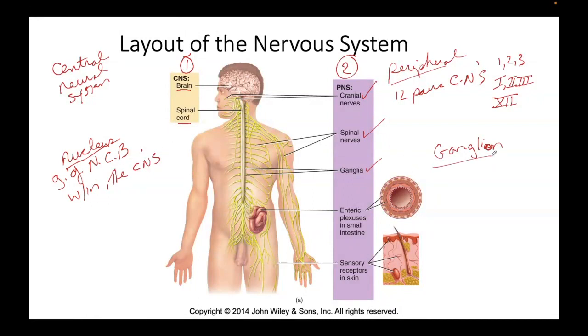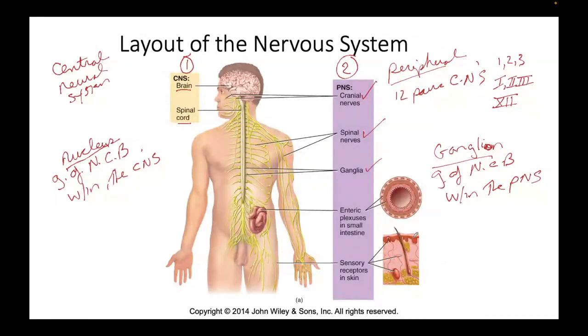Well, what is a ganglia? A ganglia is pretty much the same thing. It's a group of nerve cell bodies within the PNS, within the peripheral neural system.